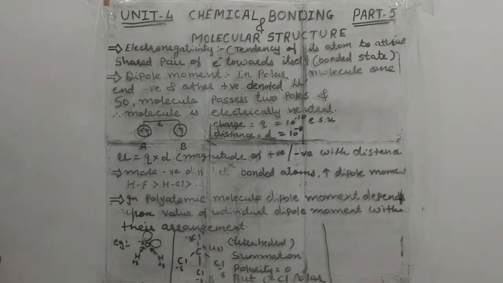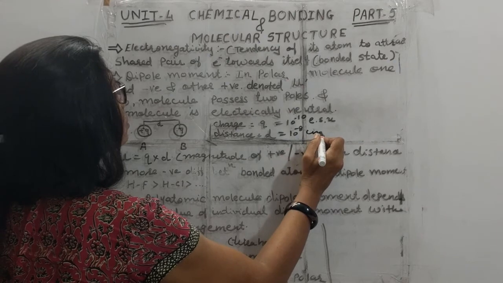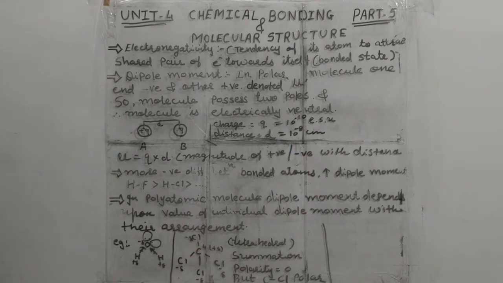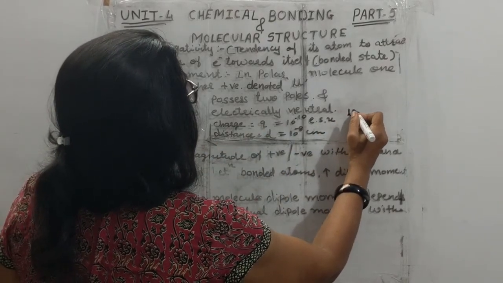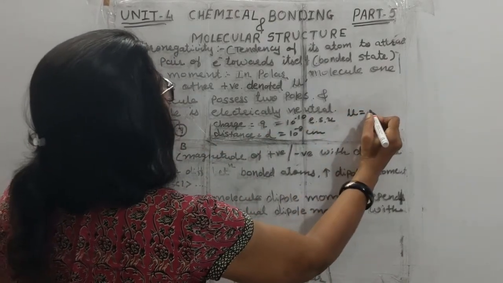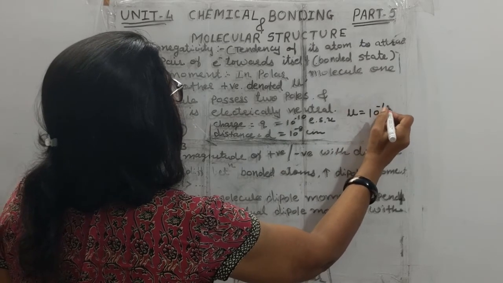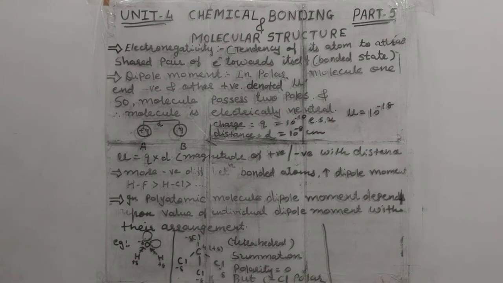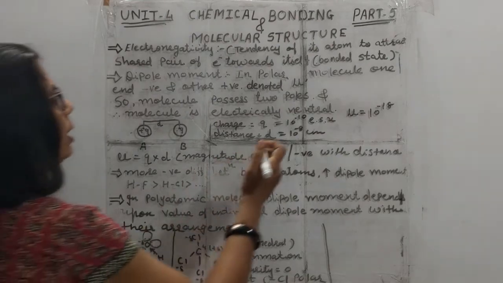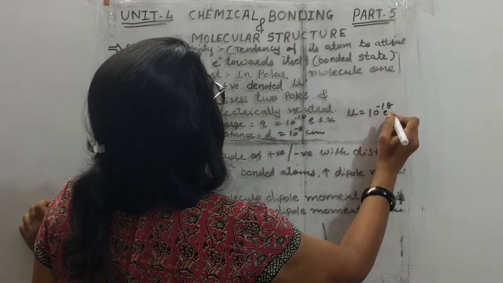Generally, students, as you know, the distance unit is centimeter. So the distance is equal to 10 raised to minus 8 centimeter. So if we want to find mu, then mu is equal to 10 raised to minus 18, meaning minus 10 minus 8 is equal to minus 18. So 10 raised to minus 18 ESU centimeter.